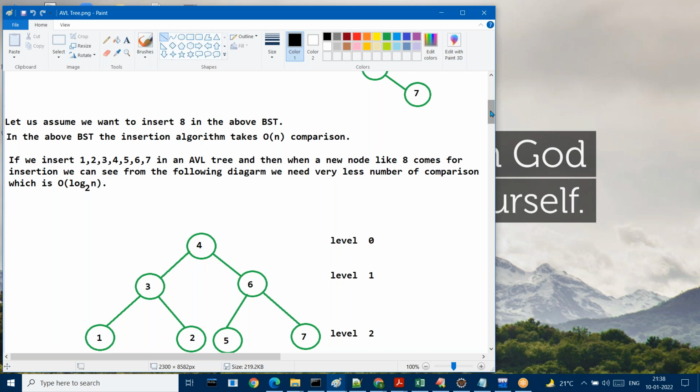Just for n 8, the gap is 5. So the more n increases, the gap will become larger. That means log n base 2. Base 2 is very important. Sometimes they ask, what is the base? Base 2. So log n base 2 compared to n is very small. But how will I construct this tree? That is what we will learn today.